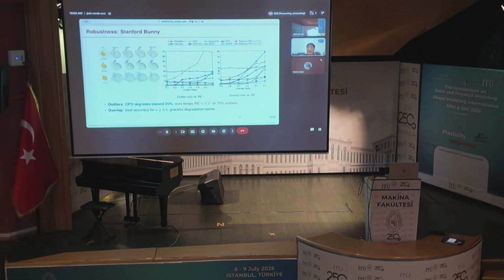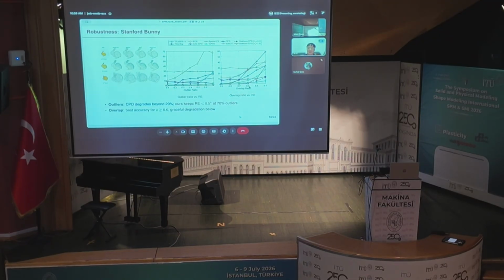And the original experiment method always stays at the bottom, which means it's not good results. We can see in the overlap rates that even with 70% compromise, our method still gives good results.